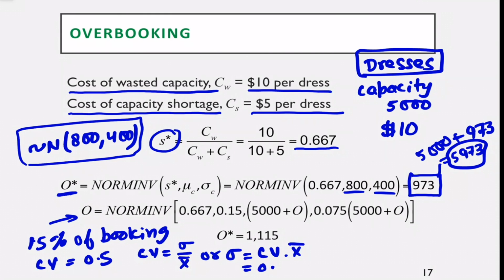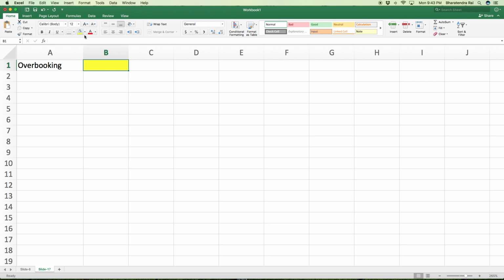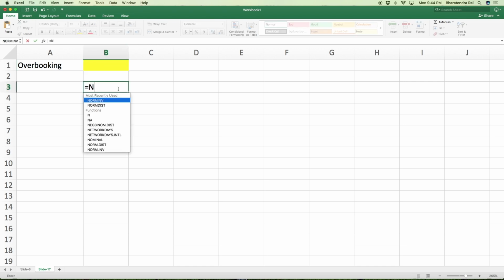So CV is 0.5 and x bar is 15% of the booking level. So this is 0.15, which will give us 0.075. This is the number which is used here, and this is 0.5 multiplied by this term here. So suppose we want to find this value for overbooking.